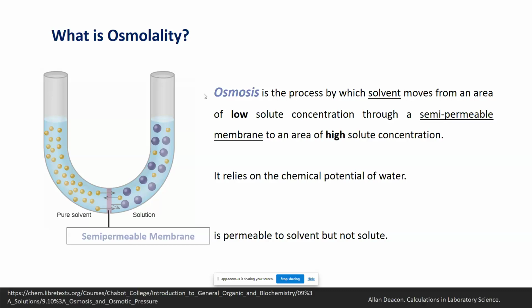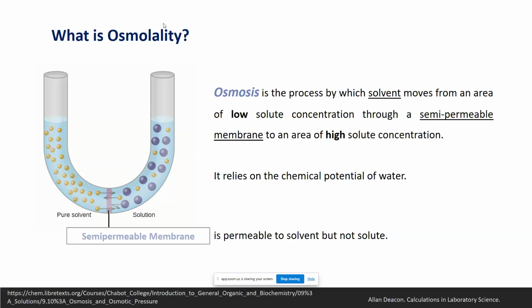And solvent essentially passes through the membrane because of the inequality of the chemical potentials on either side of this membrane. Since the chemical potential of a solvent molecule in solution is less than in pure solvent, solvent will spontaneously enter the solution until the inequality is removed. The osmolality of a solution is the total concentration of all osmotically active species present.